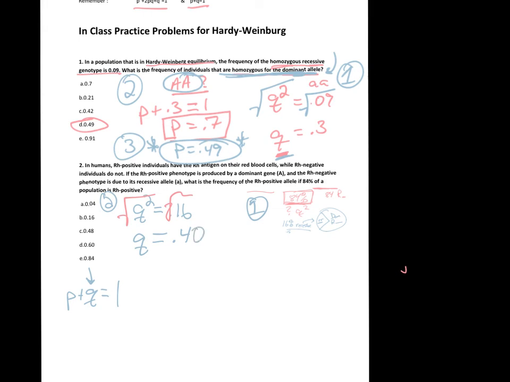That's my q. So if p plus q equals 1, then p plus 0.4 must equal 1, and therefore p must equal 0.6. They predicted that somebody would choose 0.16. That was not the answer. The actual answer is 0.6, and that's letter D.